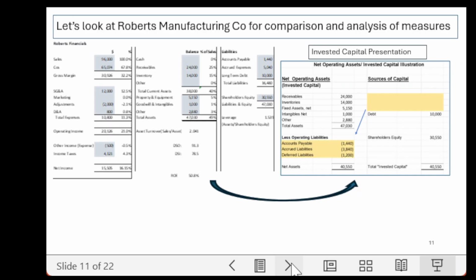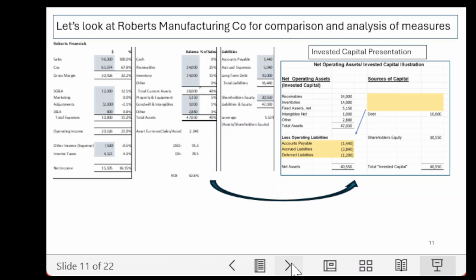So let's look at Robert's company now, a different example for comparison and analysis of these measures. So this is a P&L and then both sides of the balance sheet shown on the left. And in previous videos, including the financial statement analysis, I suggest the presentation on the right for the balance sheet.